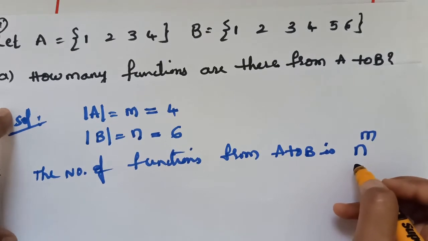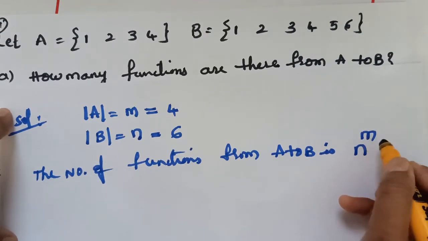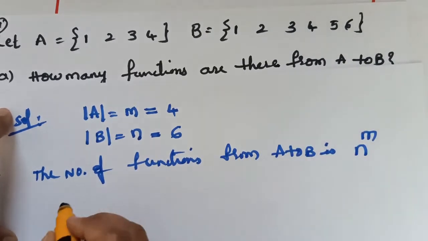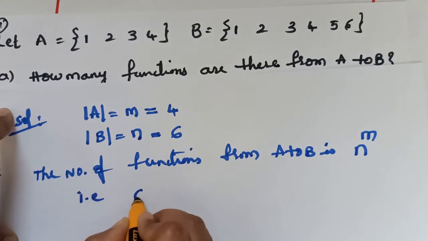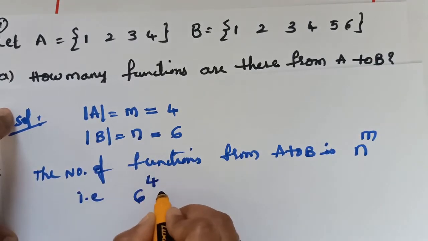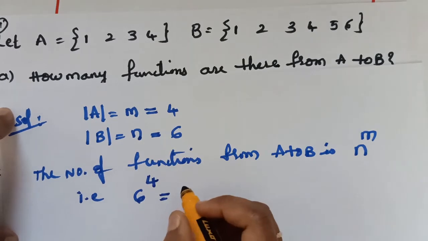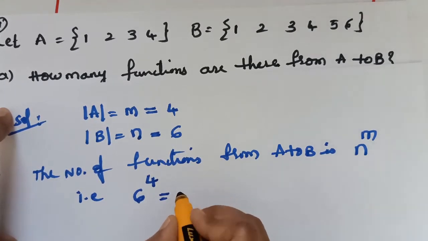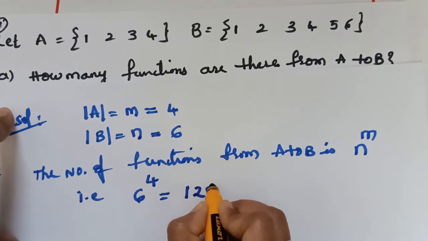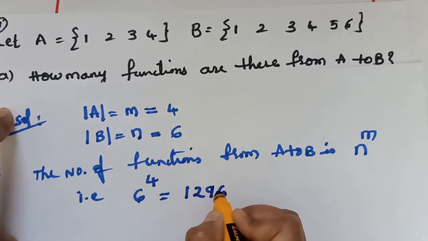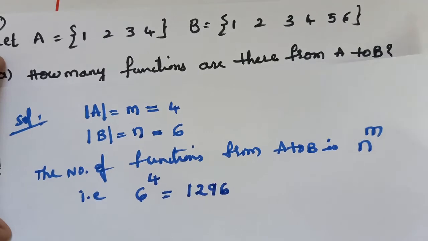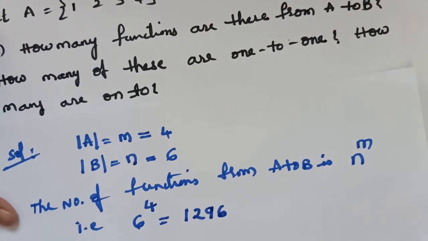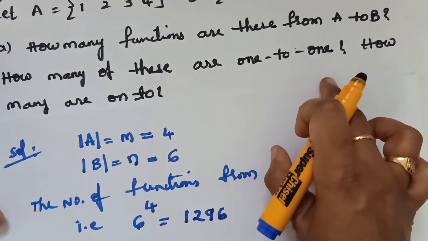There are N power M functions from A to B. So here N is 6, M is 4. Therefore 6 power 4 functions are there from A to B. So 6 power 4 is 1296.